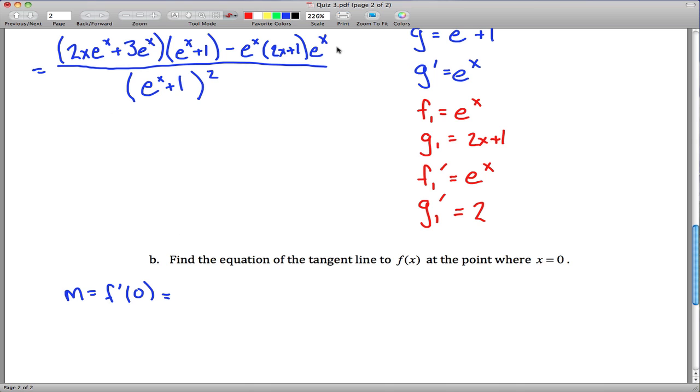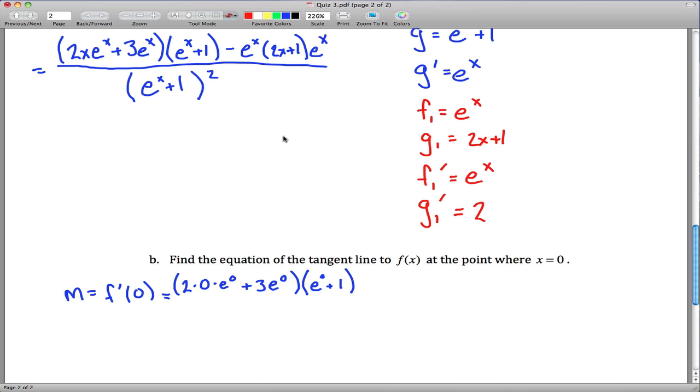So if we copy this whole mess, except put in zeros everywhere there's an x, we get 2 times 0 times e to the 0 plus 3 times e to the 0, and then all that mess times e to the 0 plus 1.